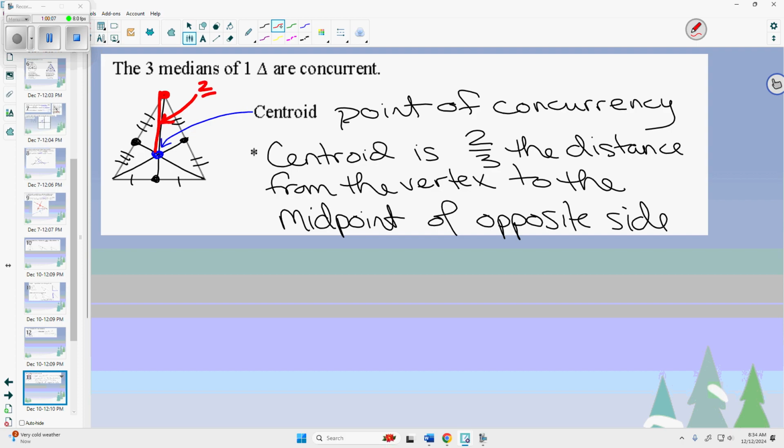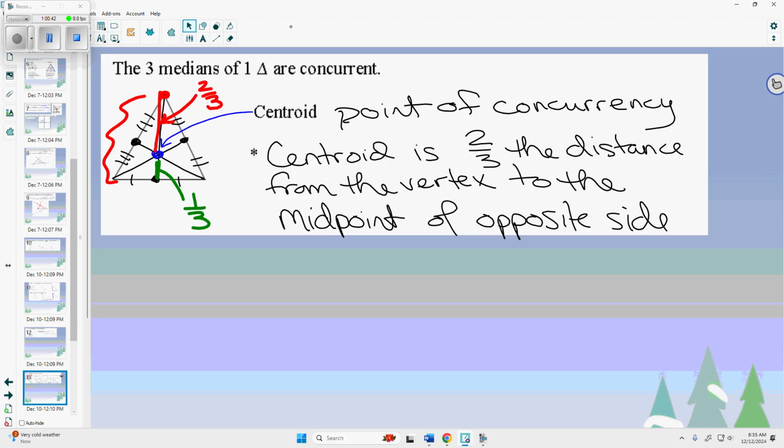That is 2/3 of this entire thing. So if that's 2/3, what is here? 1/3. When we look at the problems on the next page, we're going to look at the entire median as something that can be cut up into 3 equal chunks: 2/3 from the vertex to the centroid, and 1/3 from the centroid to that midpoint.